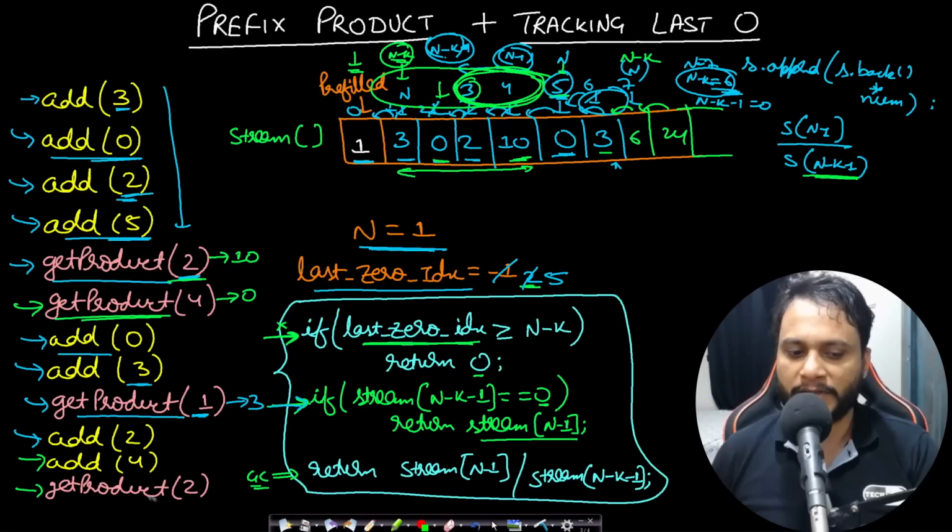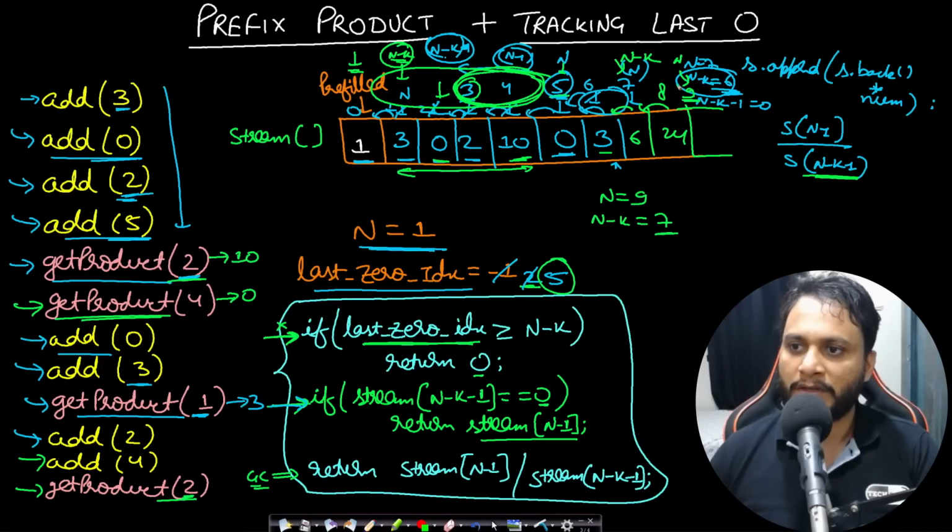Now if you are solving get product of 2, then your n value is at 9. Now find out the n minus k value. The k value is 2 here. So the n minus k value will be 7. Look at the last 0 index, 5. So is 5 greater than or equal to 7? No, it is not the case. So that means there is no 0 within the range in which I am trying to find the product.